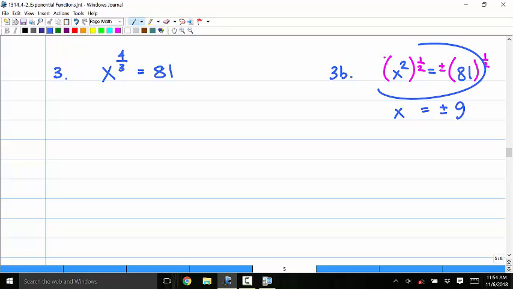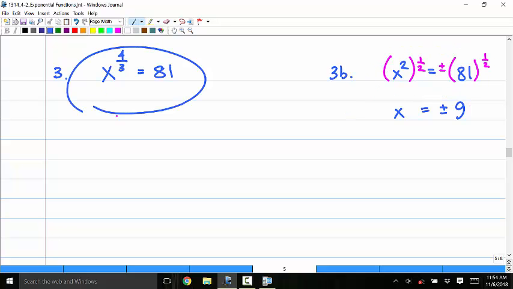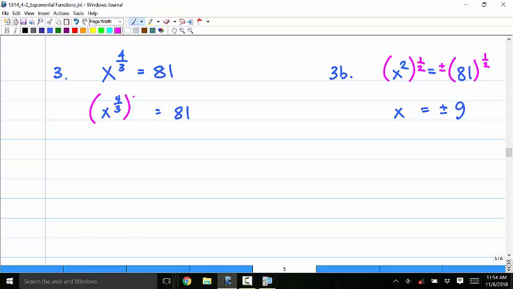Okay, let's go do this same concept over here. If I want to get x by itself on both sides, and I'm doing x to the 4/3, what power do I need to raise both sides to? To the 3/4 power.